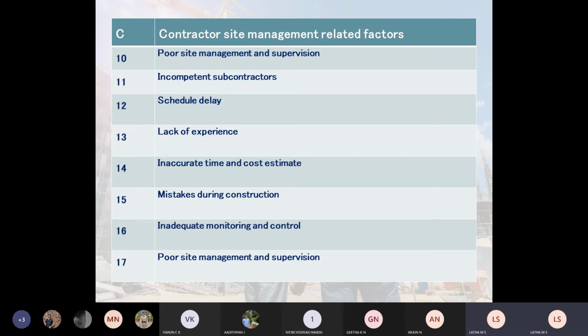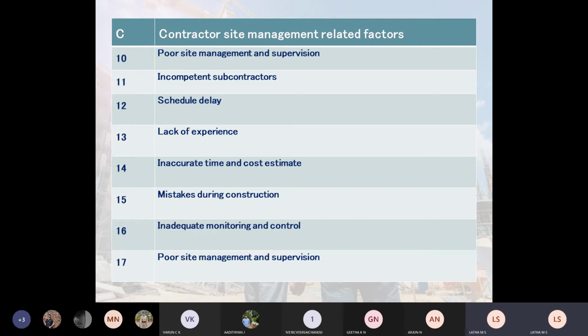Mistakes during construction are very prone to delay. Mistakes during construction should not happen at all, because if they happen, you have to remove whatever construction has been taken up and start afresh. Again, delay is taking place.